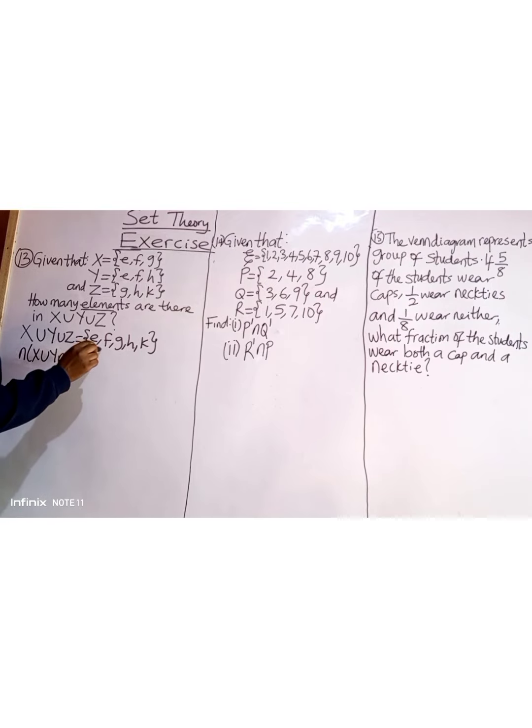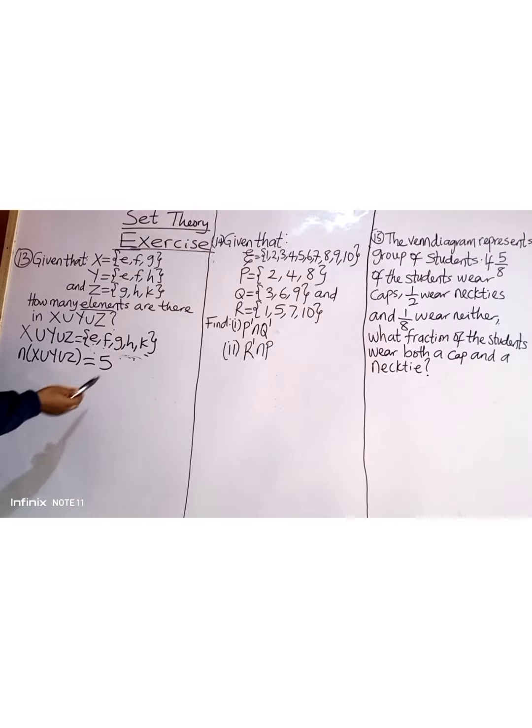This is number 1, 2, 3, 4, and 5. So we have 5 elements. So the cardinality of X union Y union Z is equal to 5.